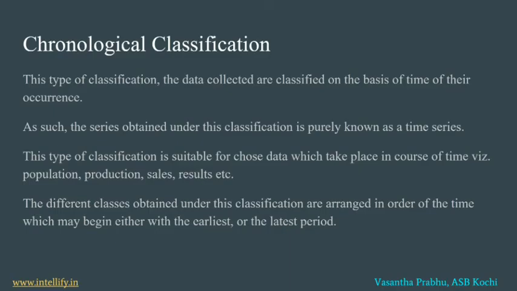Next, the different classes obtained under this classification are arranged in order of time, which may begin either with the earliest or the latest period. Like if it is starting from 2016 to 2020, we can have 2016 first, followed by till 2020, or else we can start with 2020 and then come down to 2016.